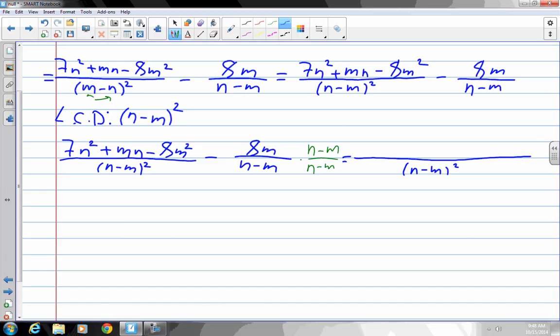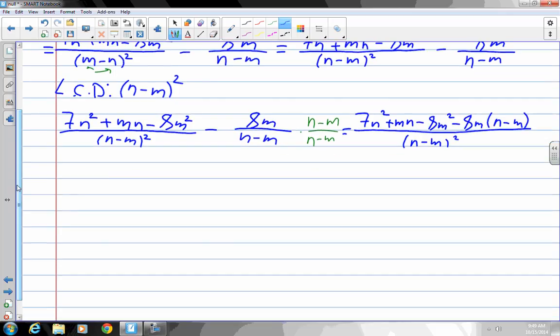So now if I put everything together, 7n squared plus mn minus 8m squared minus 8m times n minus m. If you put everything together, now it becomes an exercise in opening up parentheses, combining like terms in the numerator, and hopefully getting it factored and reducing with something.